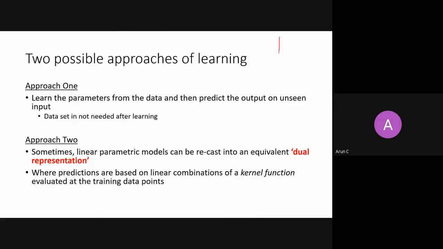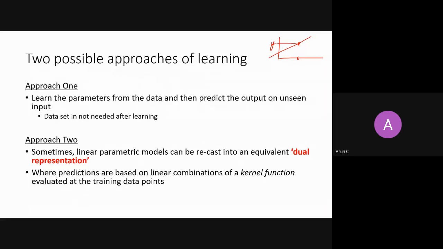You can use that same line for an unknown x and find out your prediction y. This is what you do. In approach 2, you convert your parametric model into a dual representation. We will see what the dual representation is.